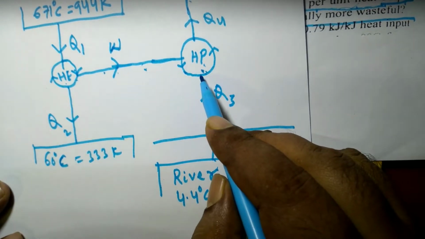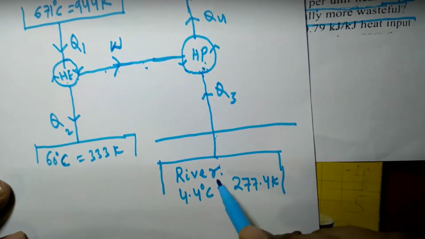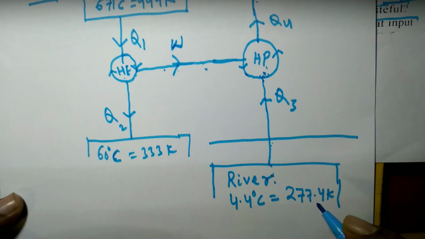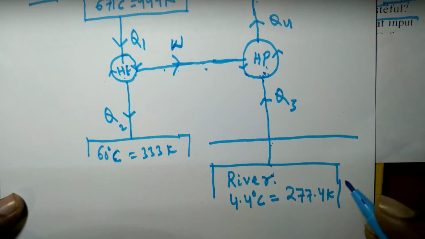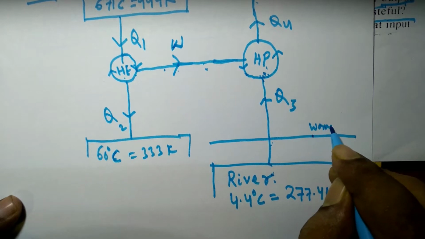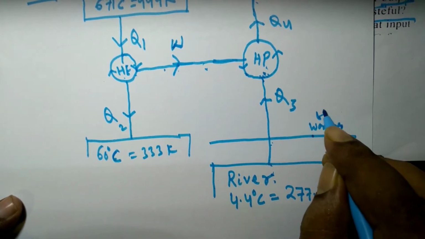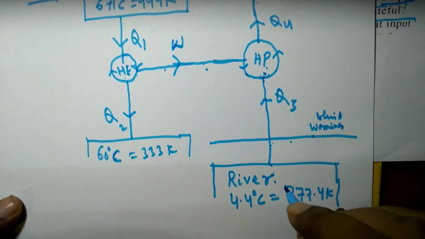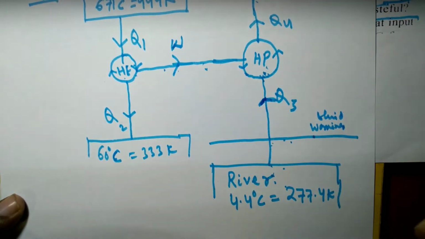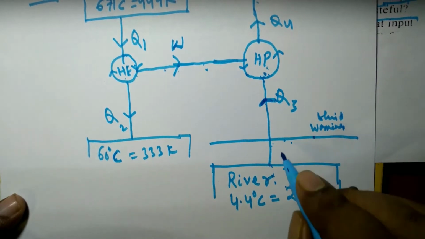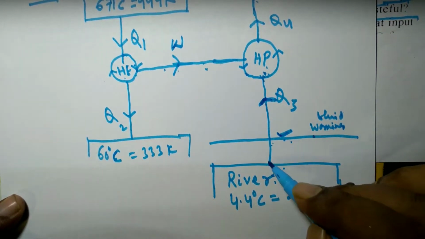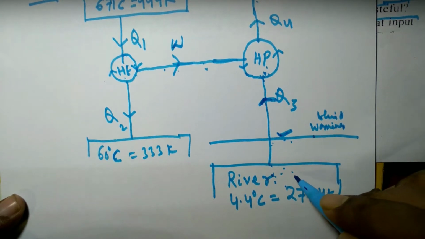Since there is a temperature difference between the working fluid and this river, and that difference is 11.1 degrees Celsius or 11.1 Kelvin, obviously, suppose this is your working fluid temperature. The working fluid temperature will be less than this river temperature, because the heat is flowing in this direction. So the temperature of the working fluid will obviously be less than the temperature of the river.